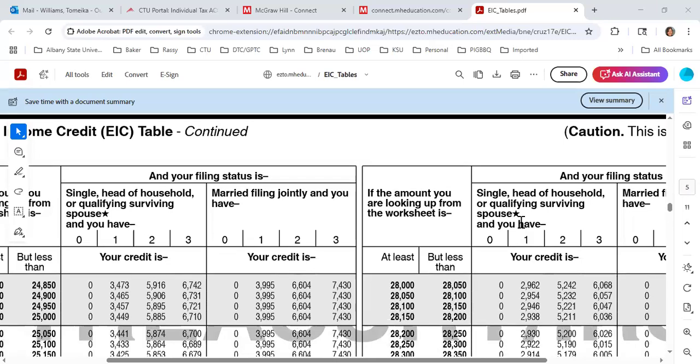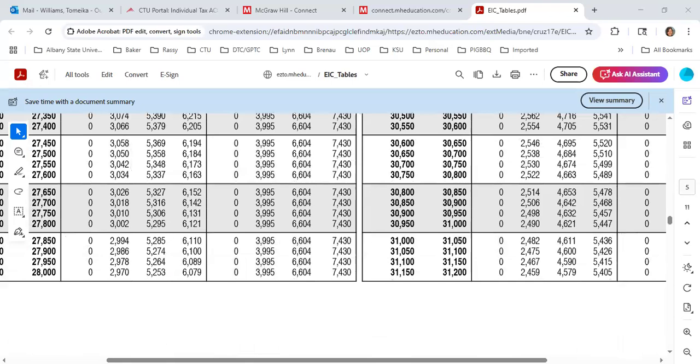So we need to take the AGI. Hopefully you all can see this, let me just verify. Yes, you can see it.